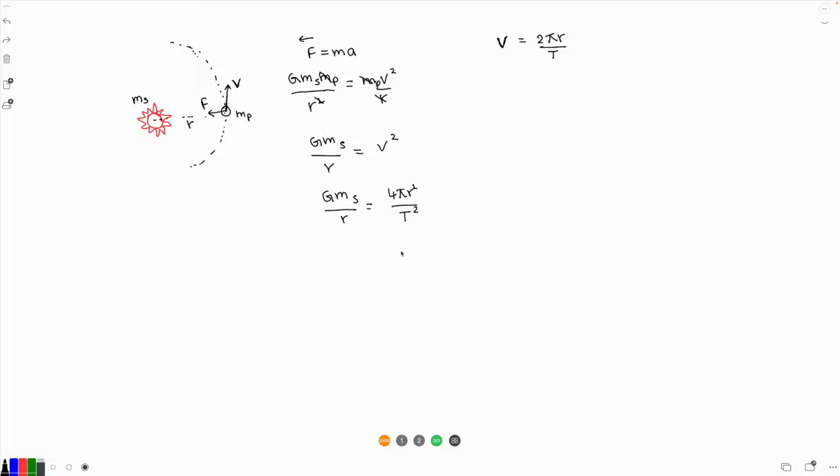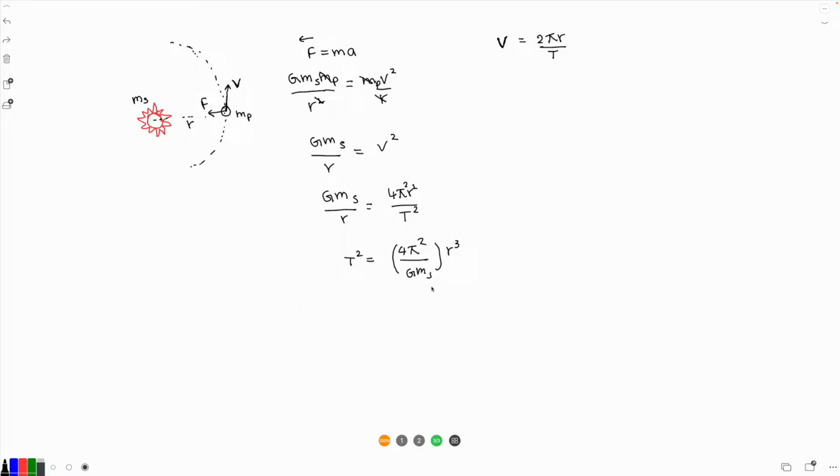Right? Then I am going to make T squared the subject. T squared equals 4 pi squared divided by G ms, into r cubed.